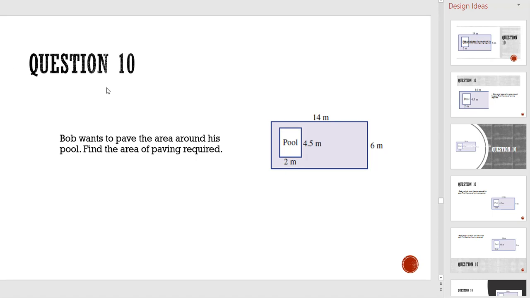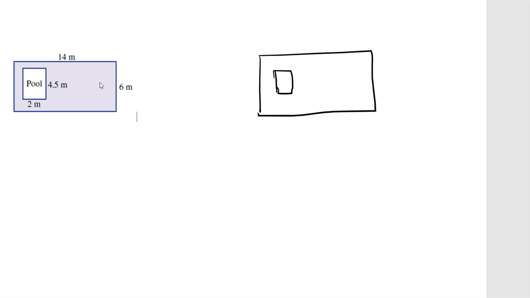So basically, we have a rectangle. Imagine I had a whole rectangle, so someone's backyard, or a sheet of paper, and I've just cut out a rectangle from it. So the shape I'm left with is that shaded part.